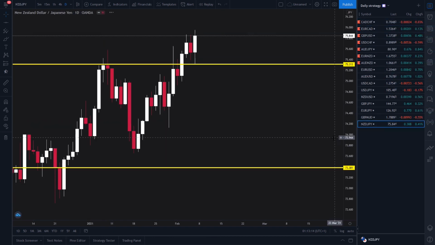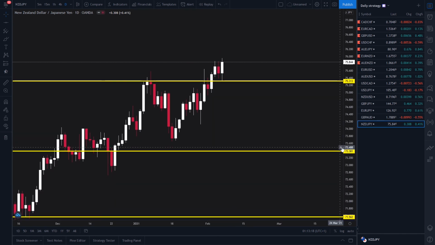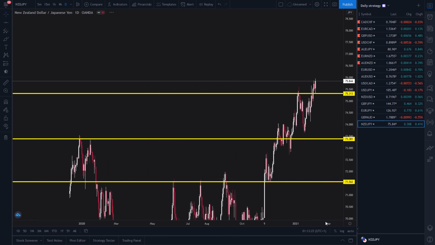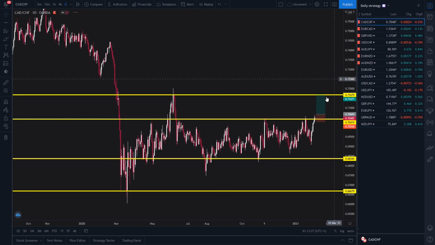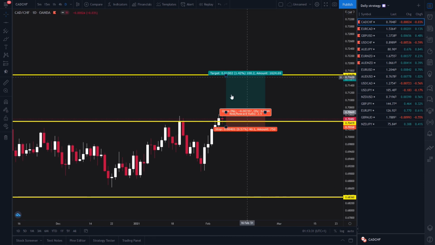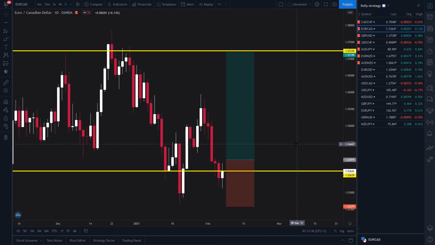And the last, NZDJPY, this was our practice pair where we showed you the strategy. So let's recap really quickly. CADCHF, we are looking for a breakout. EURCAD, we are looking for the price to push for upside and break the indecision candle.